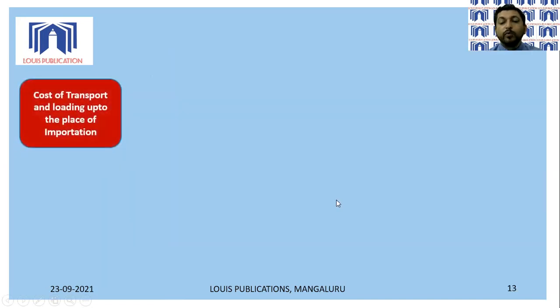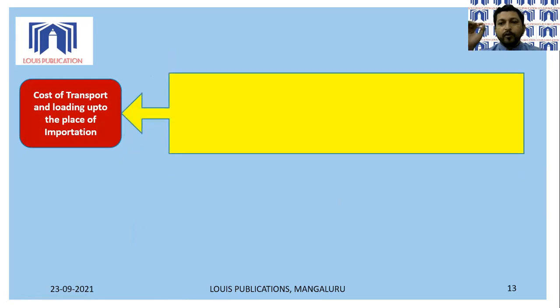Next, we talk about two very, very important terms, that is cost of transport and loading up to the place of importation. Very important, we need to understand. From the exporter's port to the importer's port, whatever is the loading charges, whatever is the transportation charges, such values must be included up to the place of importation.